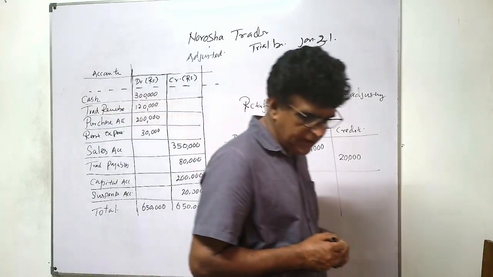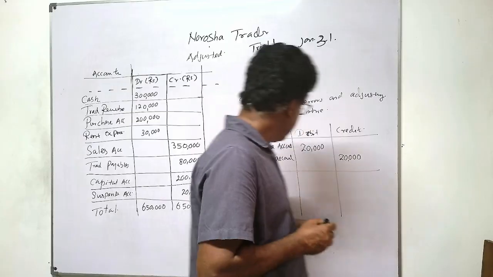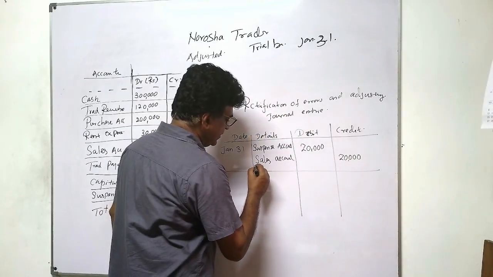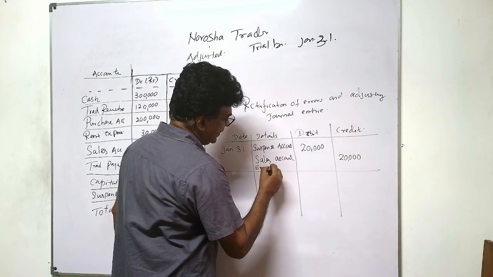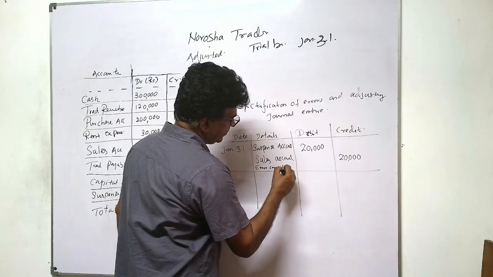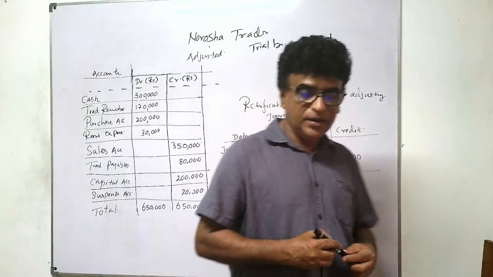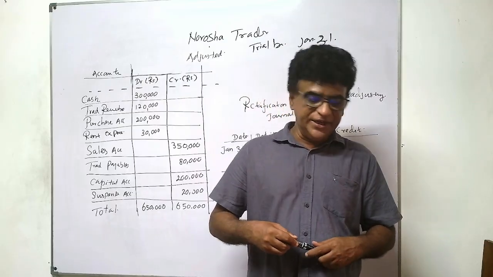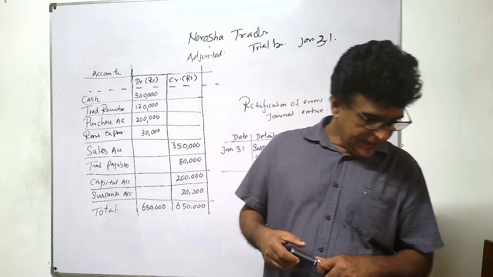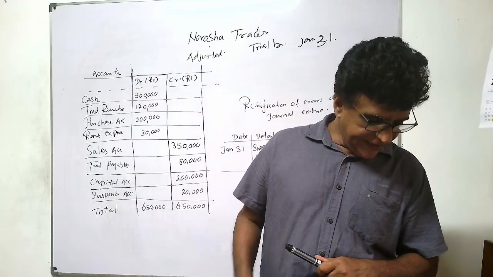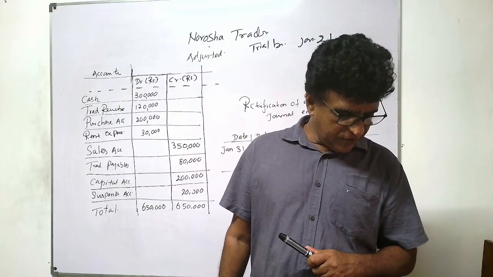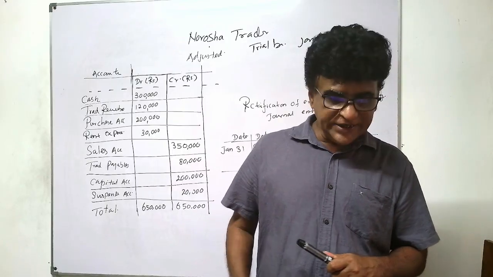If you want, you can put a narration here: error correction. Or you can provide a detailed narration here, right? Rectifying under credit of rupees 20,000 in sales and a lapse in the suspense account.